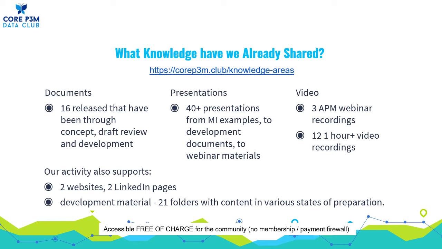We've produced many videos, 3 webinar recordings for the APM, 12 1 hour plus video recordings of our content, and we've produced 2 websites and LinkedIn pages and bucket loads of development material which people can access in 21 folders in various states of development. We look to make all of this available to club members and help them develop it for us and for themselves.